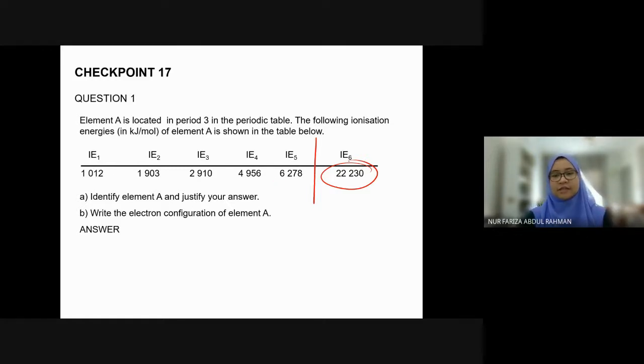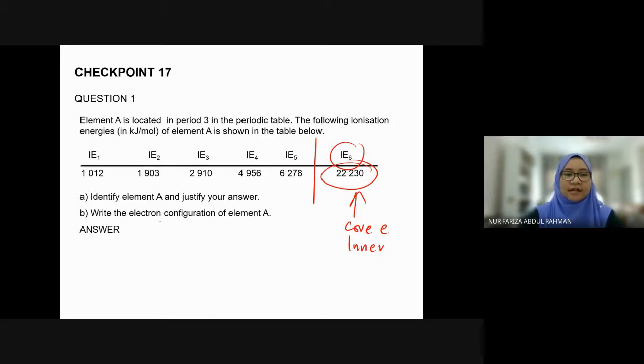Because there is a sudden jump for IE6, that shows that the electron has been removed from the core electron. This is the core electron already, ataupun inner electron, electron yang duduk pada lower end. Okay, kenapa? Because the attraction is stronger.